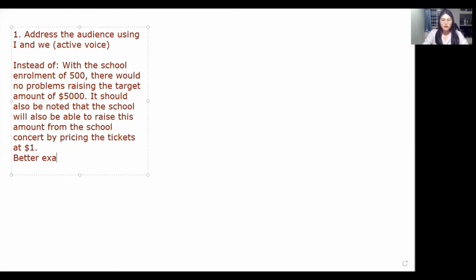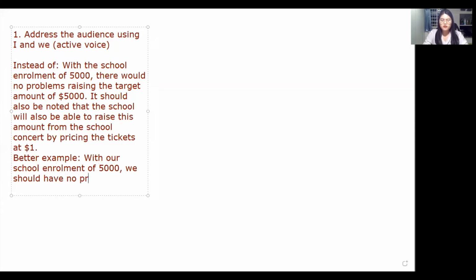A better example is that with our school enrollment of 5,000, we should have no problems raising the target amount of $5,000.